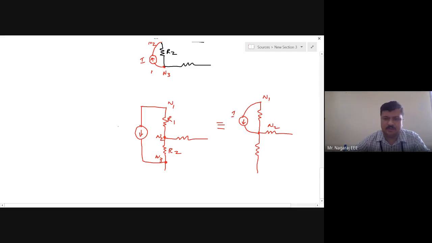Let this be IX, simply just a different name, nothing more than that. It is entering N2 and immediately leaving, and it is coming to N3, IX. So this is all about the source shifting of current source.